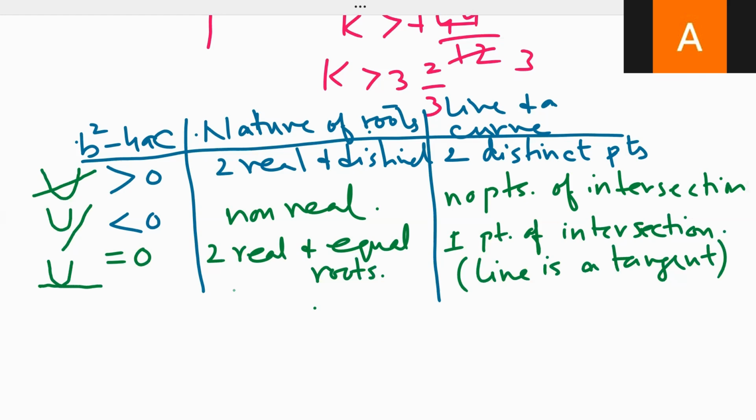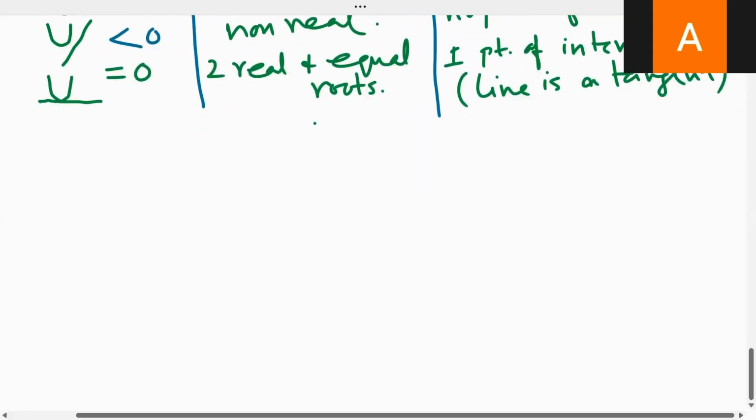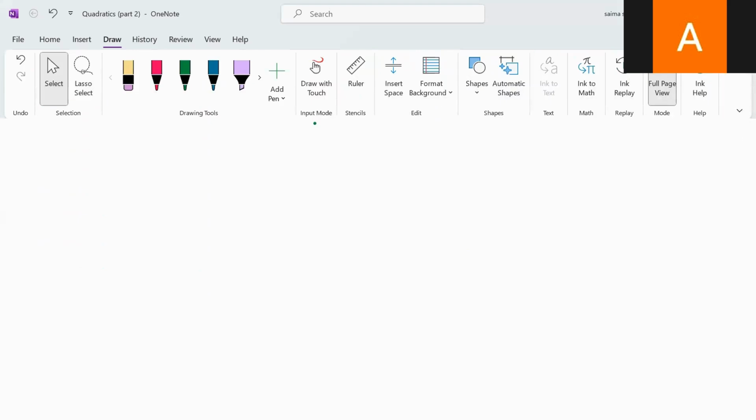Now, how can you solve a line and a curve and use this discriminant to find the value of the missing constant? We do related questions in which we apply this concept. We solve a question from the book.